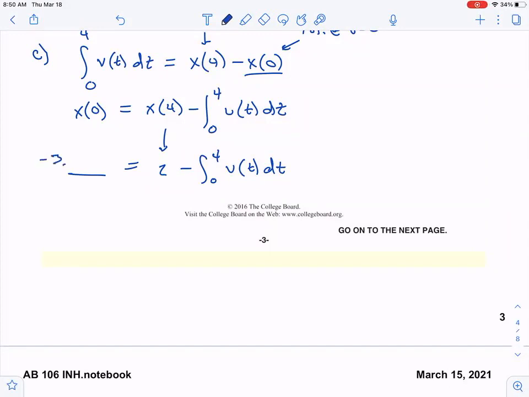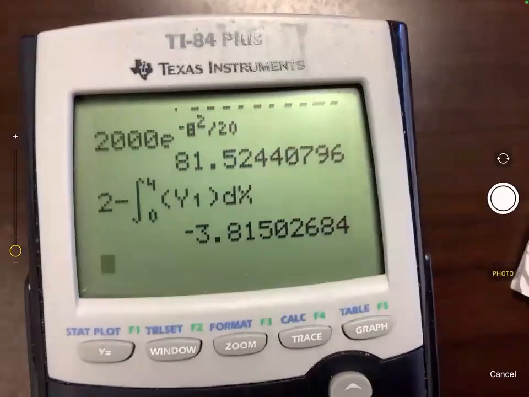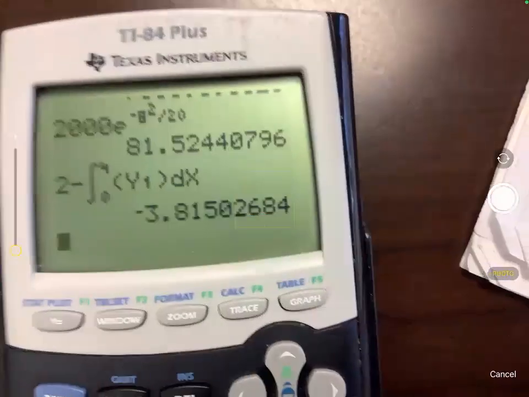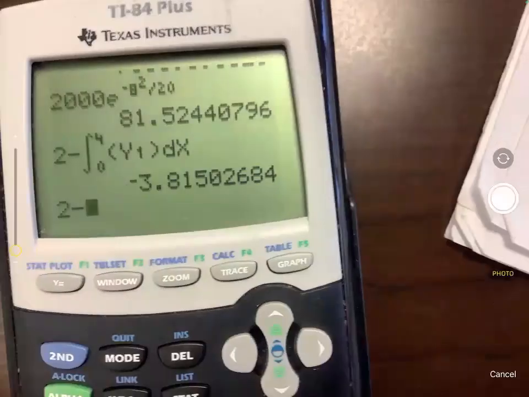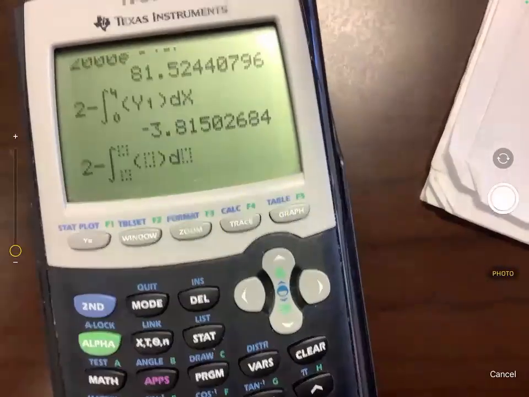Negative 3.8150. How did you make it the integral of Y1? Okay, it's already stored in my Y1. So again, what I did here, I'll just do this again. I'm doing 2 minus, and to bring up the definite integral, it's math, option 9, that brings up the definite integral template.